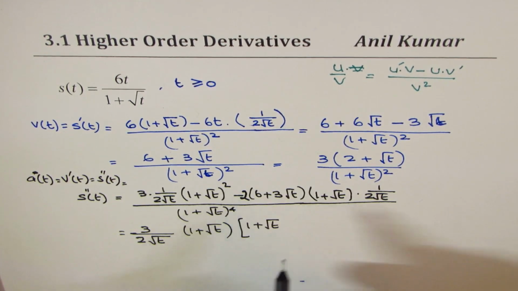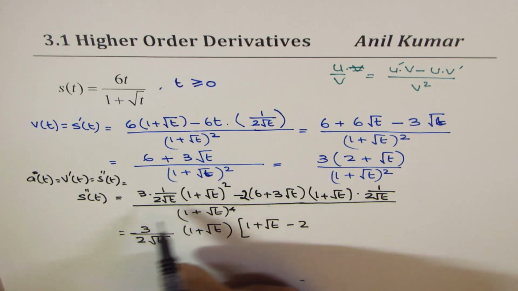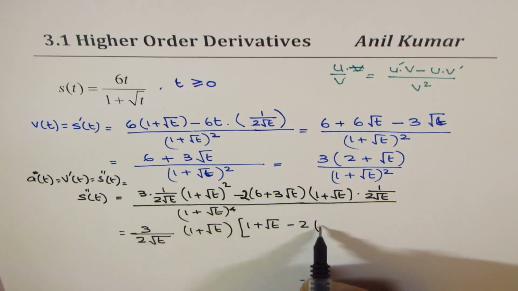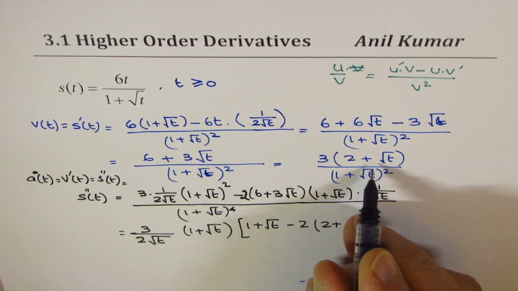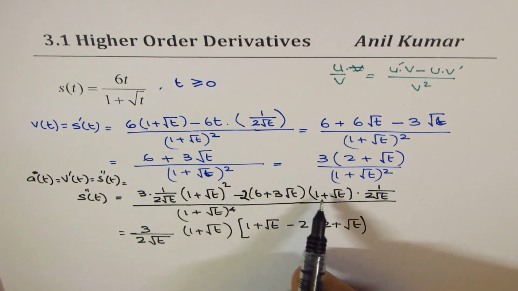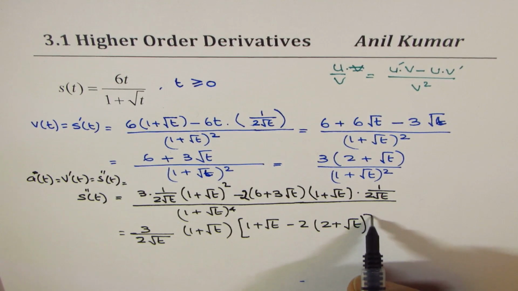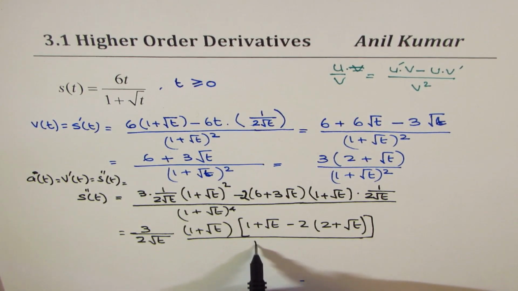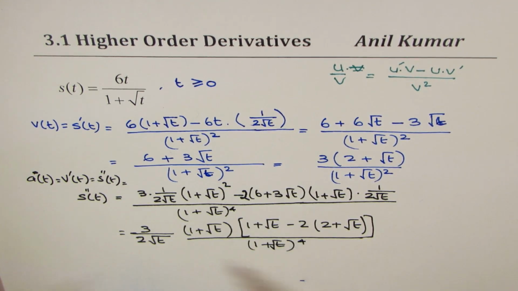From here, we have minus 2. We have taken 3 out. So we are left with, let's divide them by 3. We get 2 plus square root t, as I wrote here. We have already taken this term outside and also the other term. So that is what is left here, divided by 1 plus square root t to the power of 4.